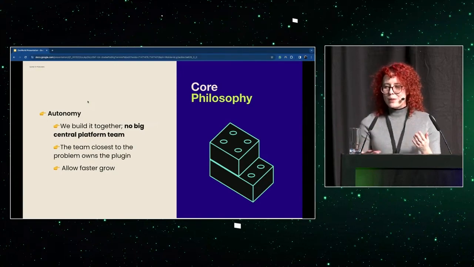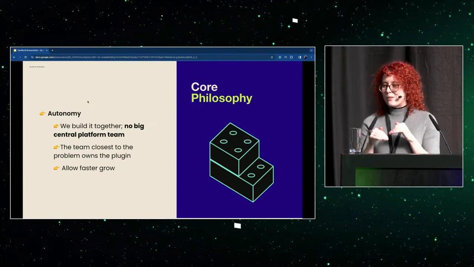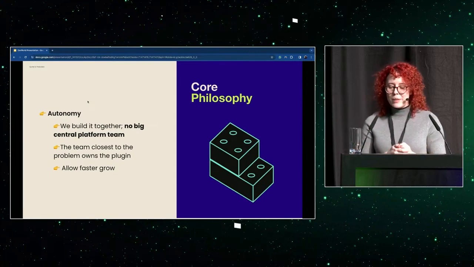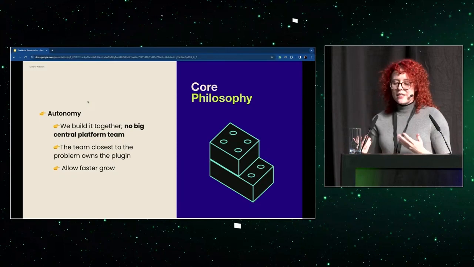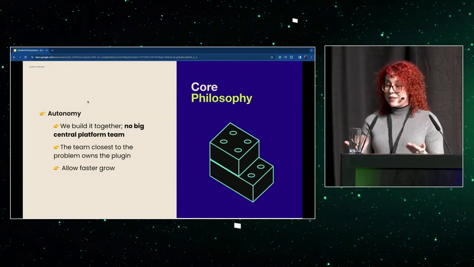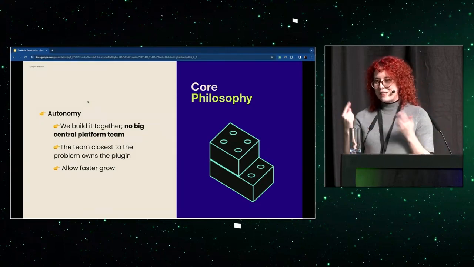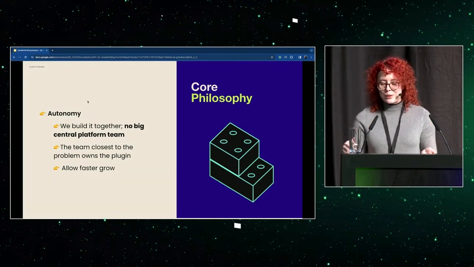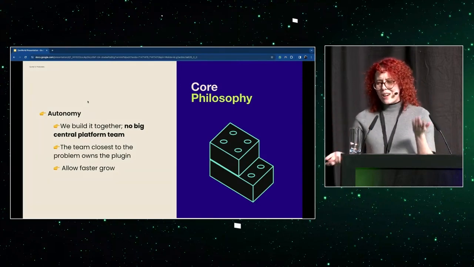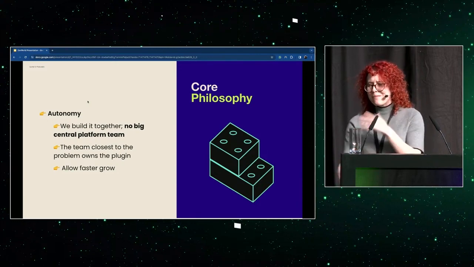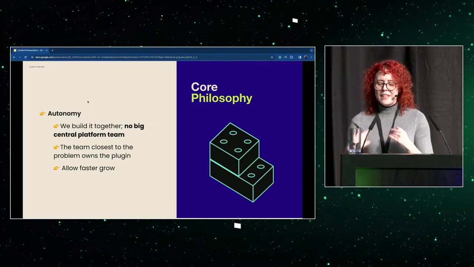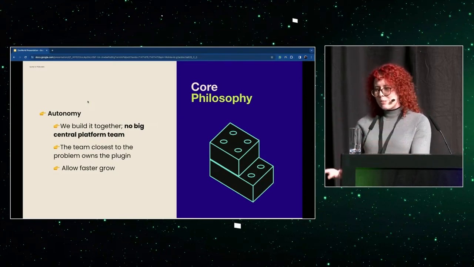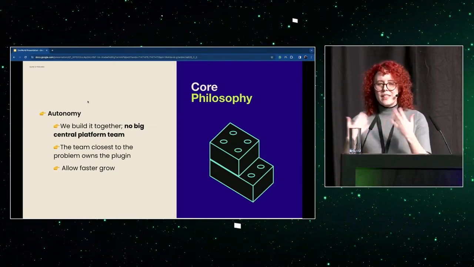And within our adopter meetings, we see that it's also working well for others. Because with this, you can grow much faster because you're not relying on a single team to manage everything and run into resource constraints at the end of the day. Also, a single team might not have knowledge across any given domain, right? So it's much better for the team that owns the problem to provide the solution and maintain it.